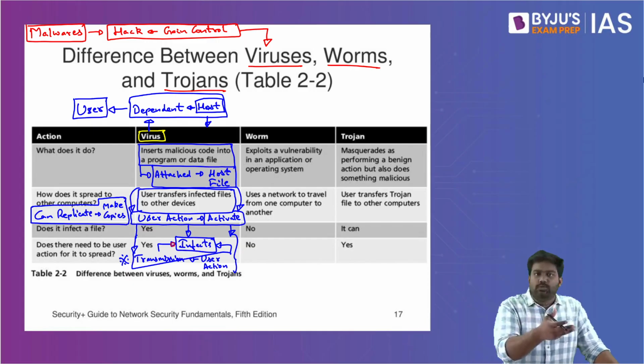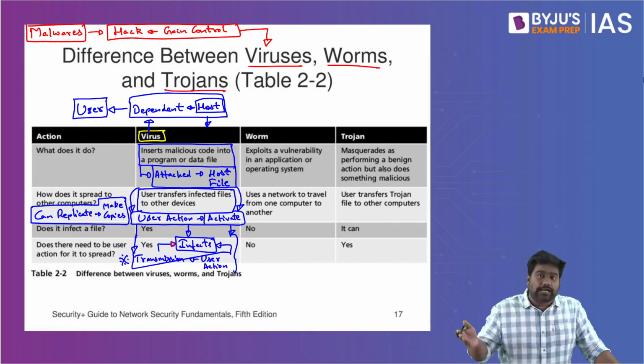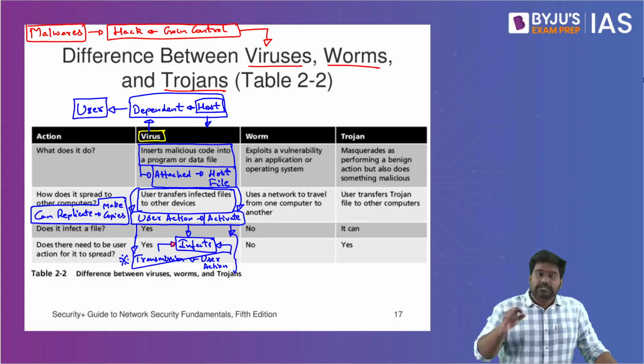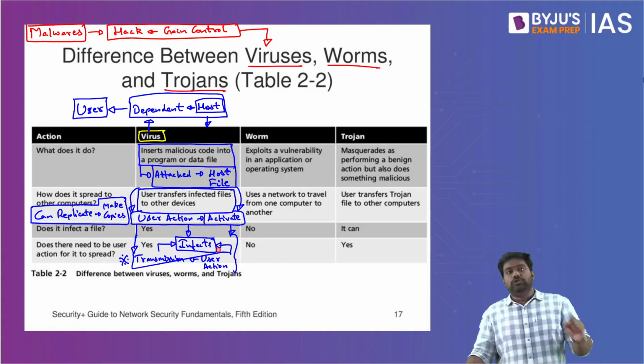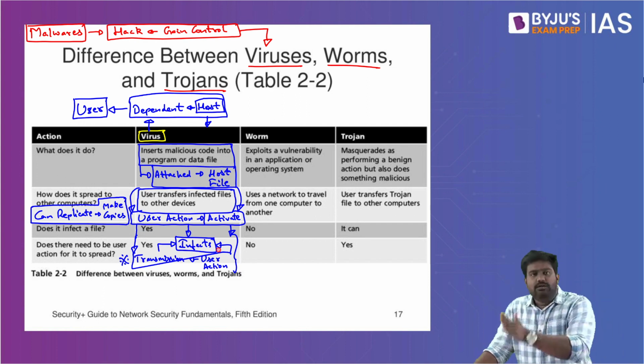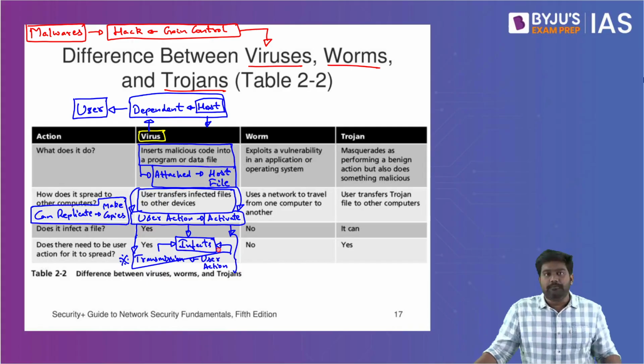Like few biological viruses, they spread only with touch, with contact, right? Or through certain specific routes of transmission. Similarly, computer virus also requires user action, right? Only when there is such user action, the virus copies will get replicated and it will start affecting the other systems in the network.